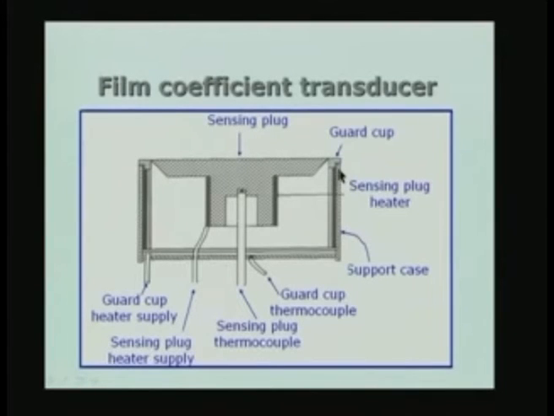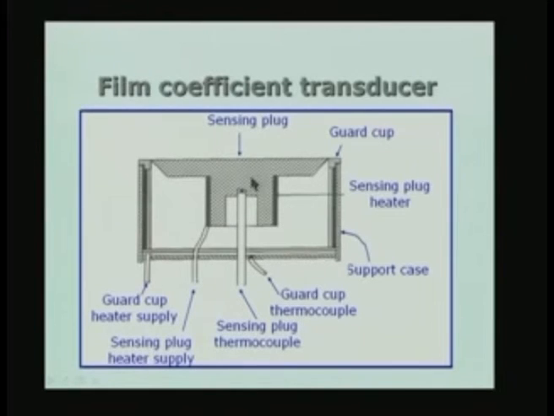If I heat the guard cup independently and maintain the same temperature for the guard cup as I maintain the sensing plug at, that means the temperature difference between this and this is 0. That means I measure the guard cup heater temperature and the sensing plug heater temperature, and I maintain them at the same value by controlling the heater input such that the delta T is 0.